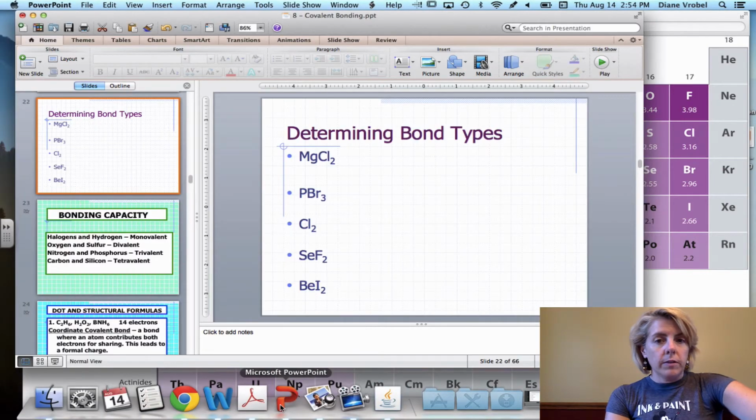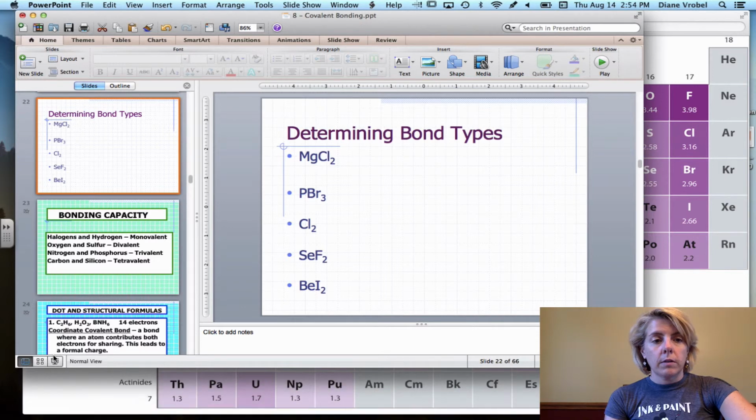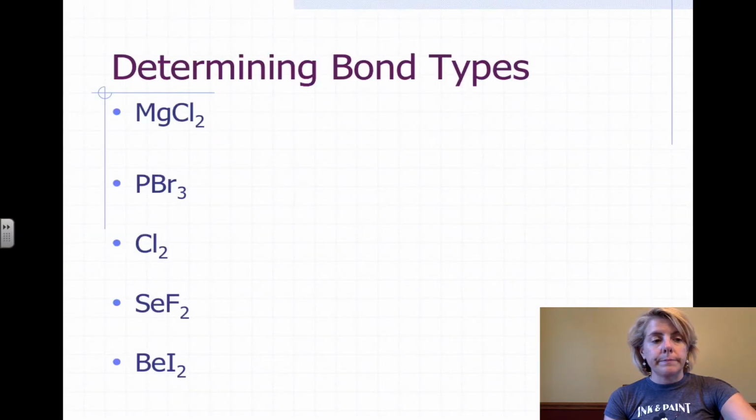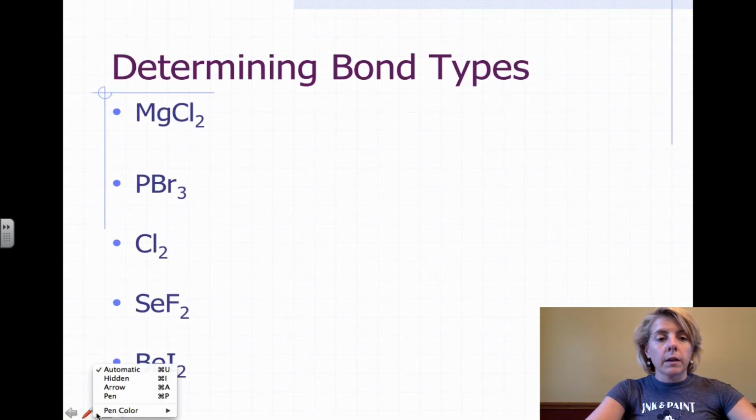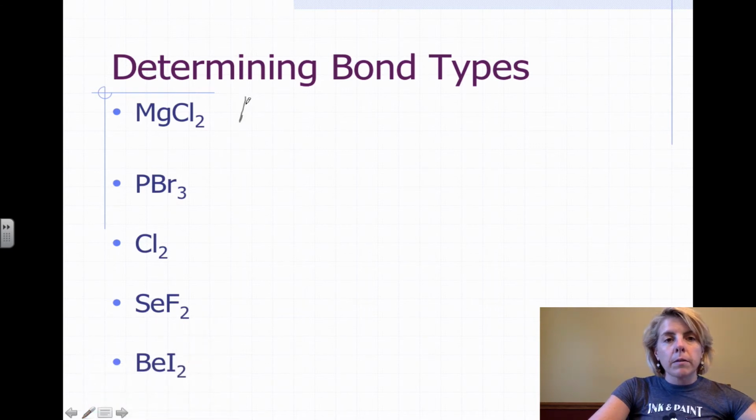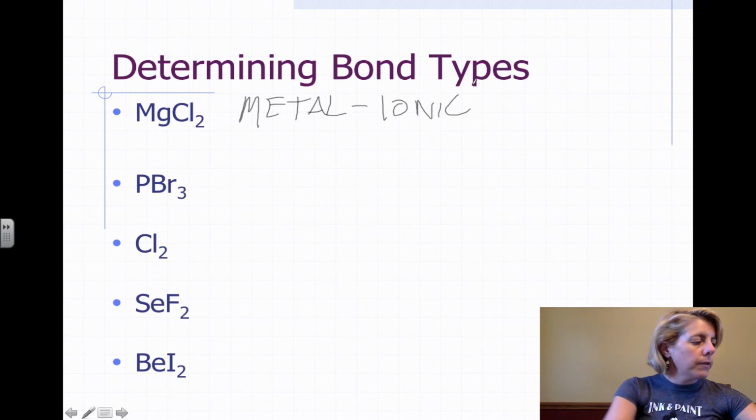So the question is, what type of bond is it? So you got to be careful. Oops, sorry, I got to go back. Okay, magnesium is a metal. So if it is a metal, what type is it? Good, it's ionic. So please don't forget, if you see the presence of a metal, you're talking about ionic bond.